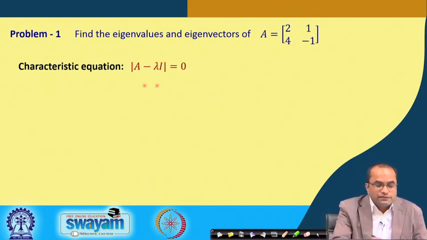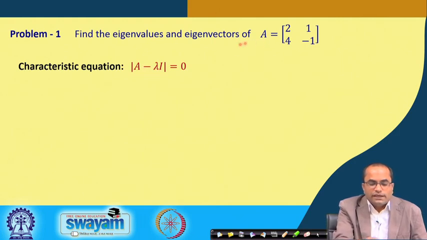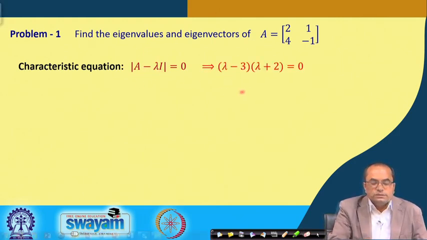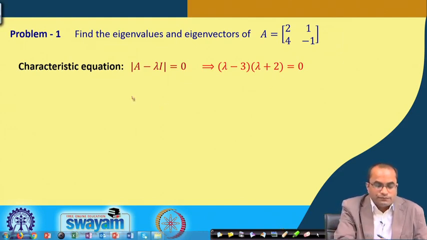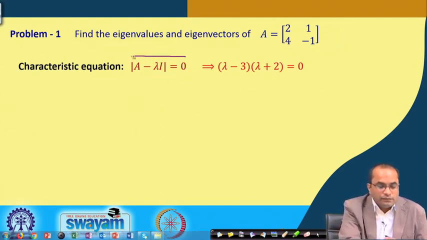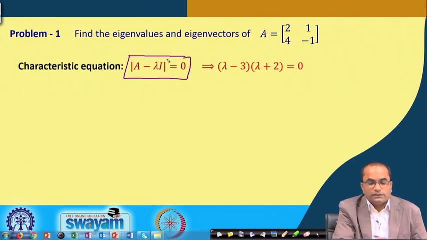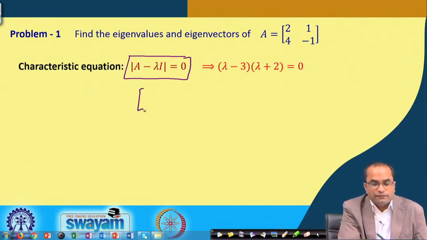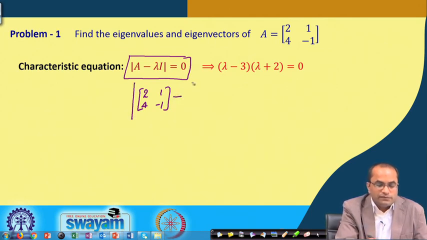So, here the characteristic equation is the determinant of this A - λI. So, the eigenvalues are nothing but the solution of this characteristic equation. So, we have this A - λI. So, A here is [2 1; 4 -1], and then we have this λI, that will be the determinant at the end.